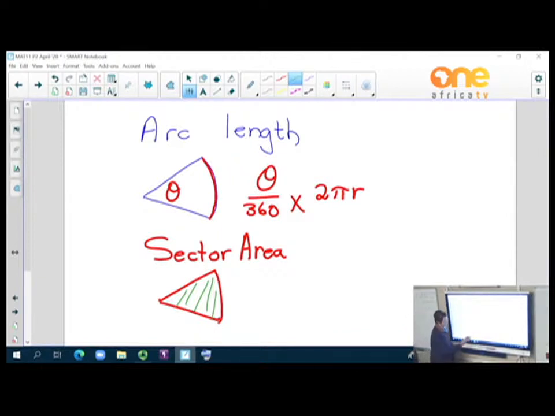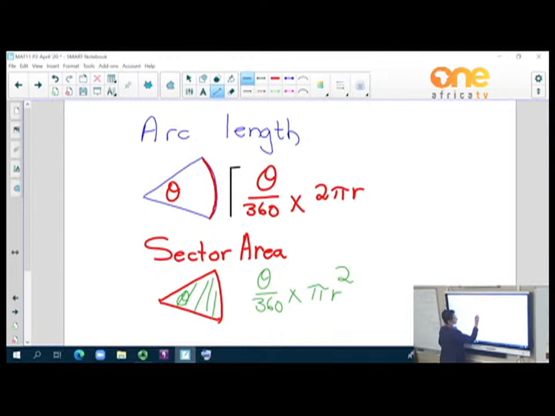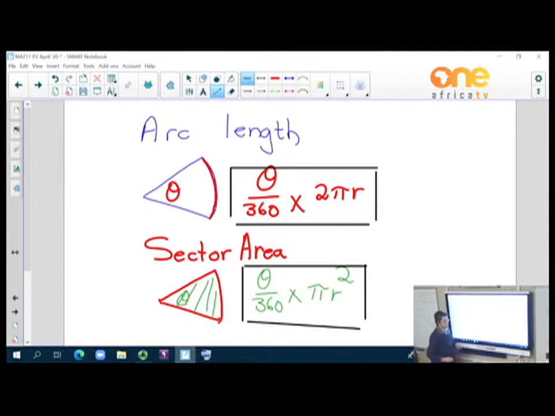So this one is theta over 360. So theta is the angle that we have there, of the area, so of pi r squared. Those are the 2 formulas that we're going to use. Okay. So your brain likes a block, so put them in a block so that you can see them.